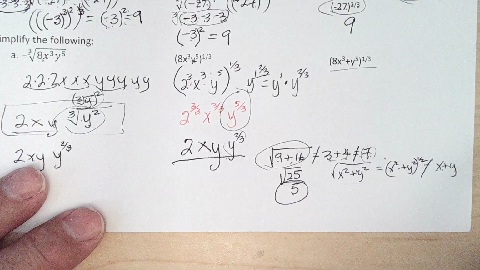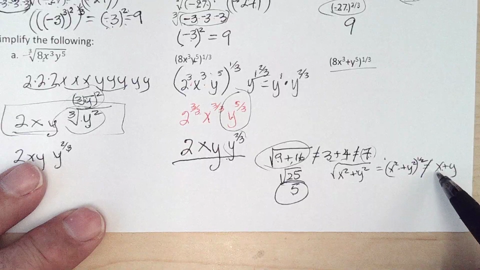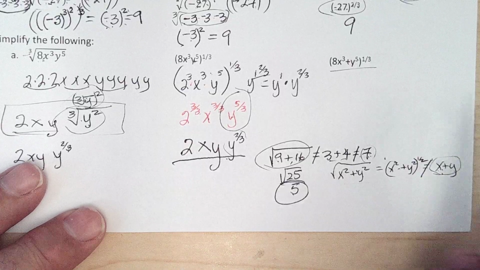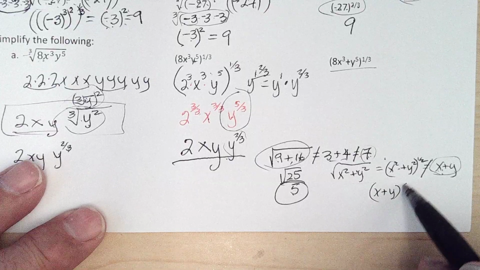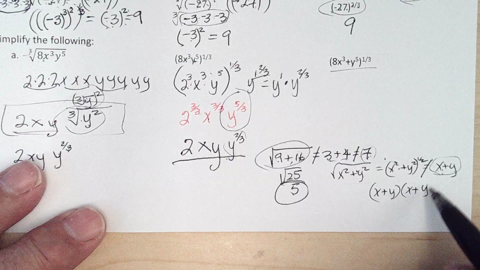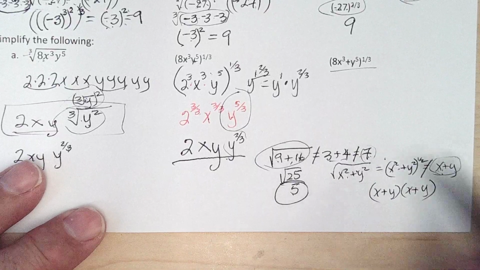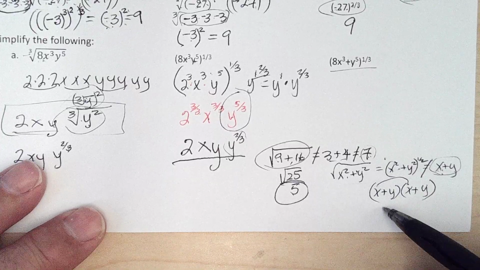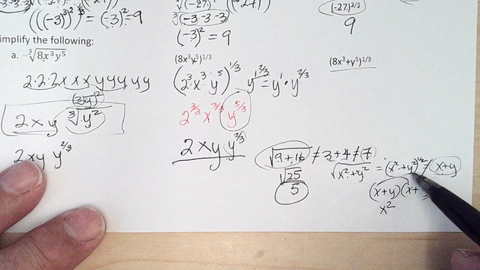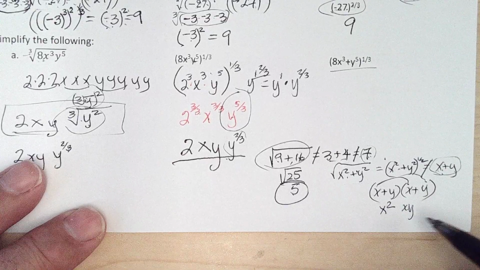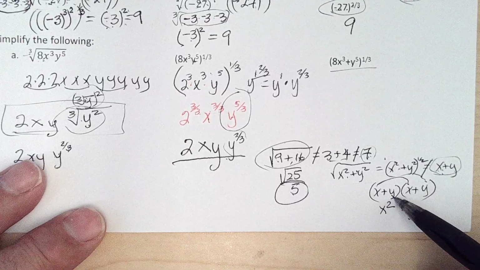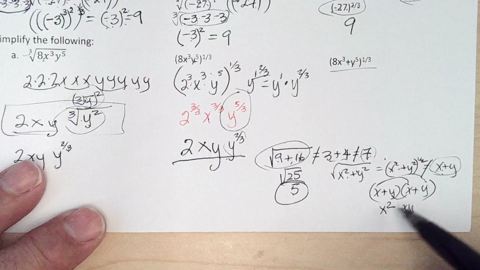Now I can show you that it's not true by, if this is the square root, I should be able to take it times itself and get back to this. X times x, x times y. Oops, I don't have any xy's. And then y times x, that's another one of these xy's.